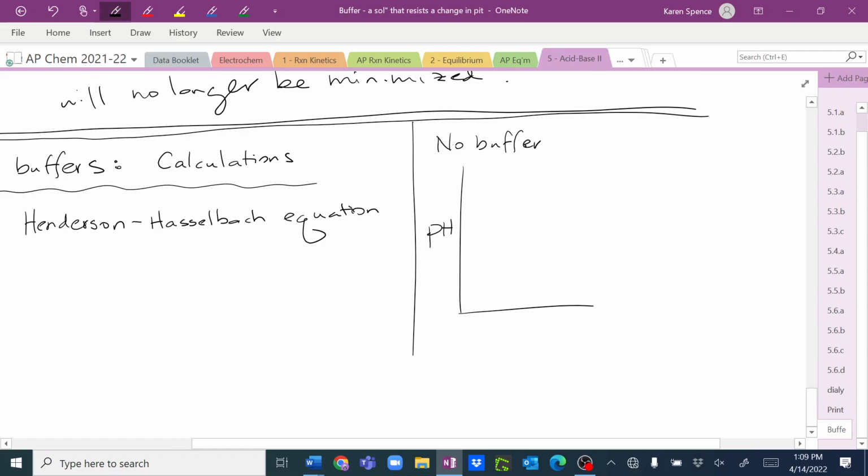Or actually, let's say we're adding base because that's easier to draw. It's going to go up really steep. This is no buffer.